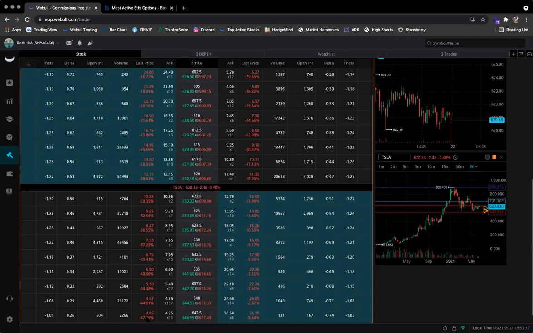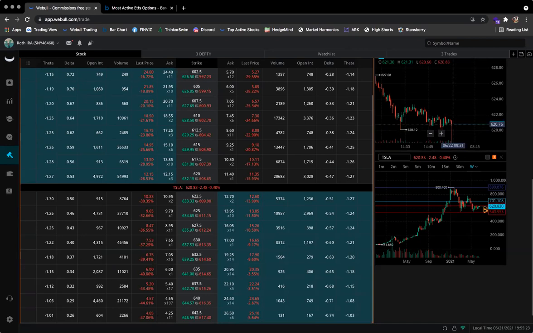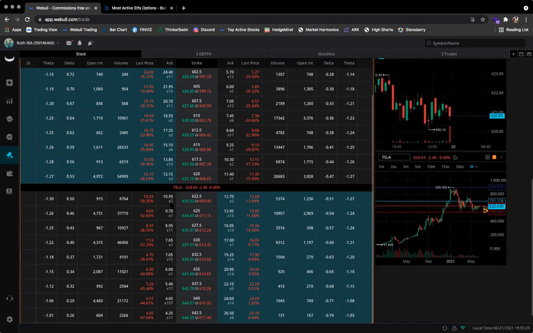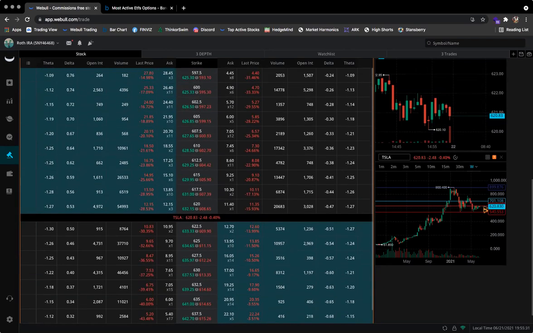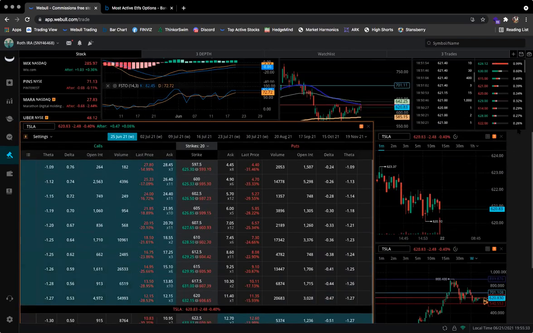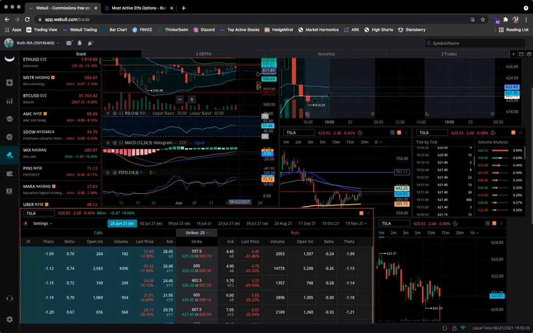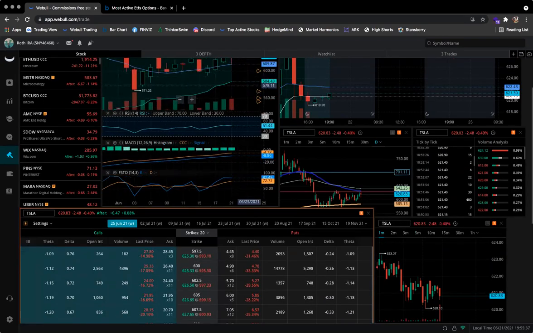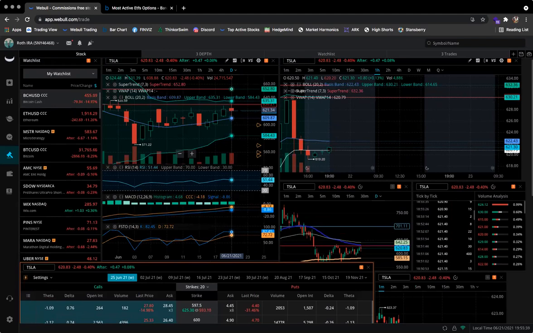So you can see that, obviously, these people lost money because it reversed. Tesla didn't have a great day today. And really, these people didn't gain any money because it went sideways for the day. It opened here, fell here, but really just went sideways.